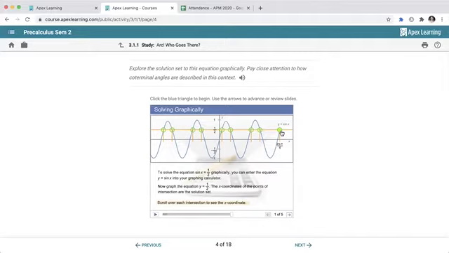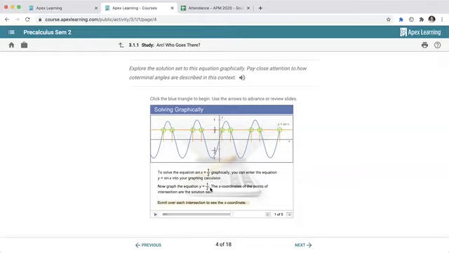If you plug y equals sine of x into your calculator as a graph, and then plug in y equals 1/2, when you get to your graph tab, look to the left of the graph button. There's a trace button.